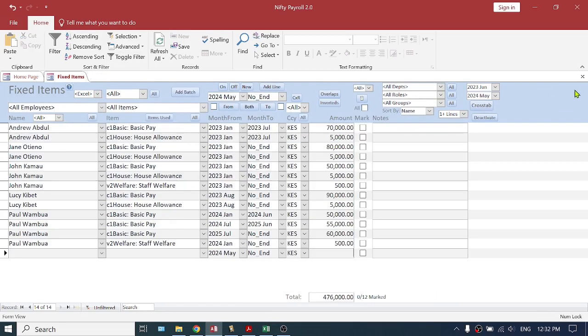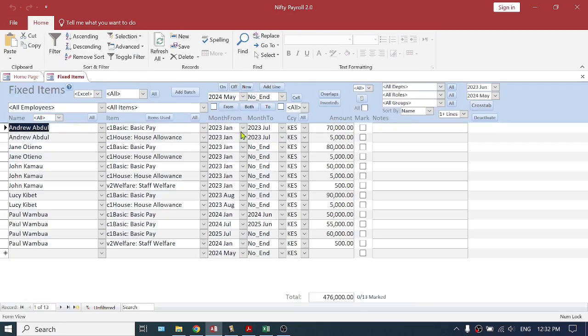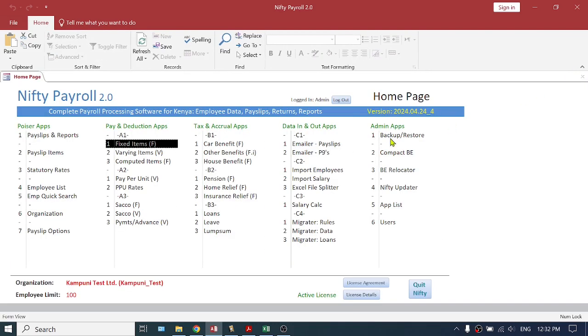So what usually happens, first of all, the items that use the month to month from, which represent fixed things, are indicated with an F. You can see all these are F, F, F, F. The ones which happen every other month, or change from month to month, or only once in a while, are all represented by V's, like that.